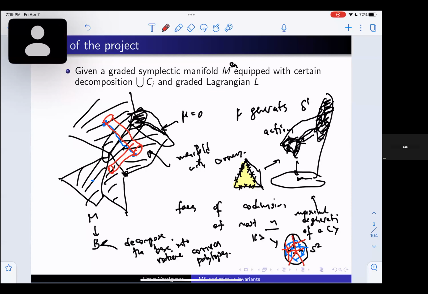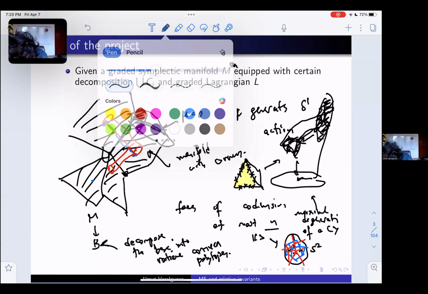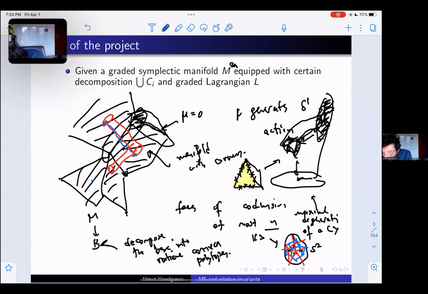Okay, so you have kind of, how do I say this? So along each of these blue bits, they define an S1, the homology cycle in the total space.